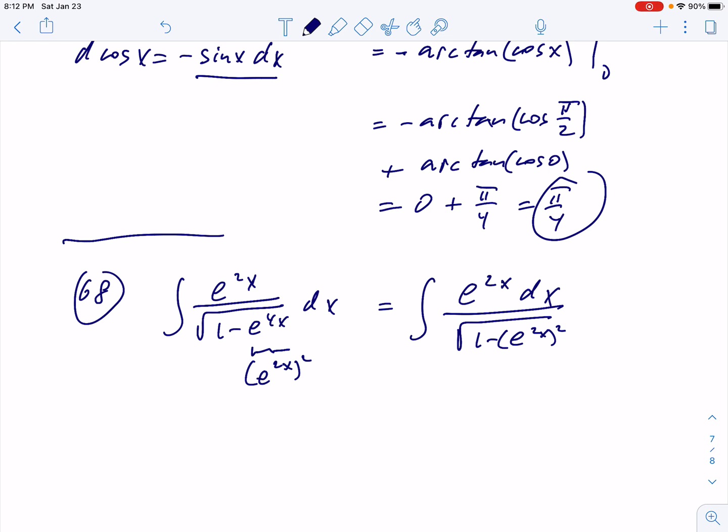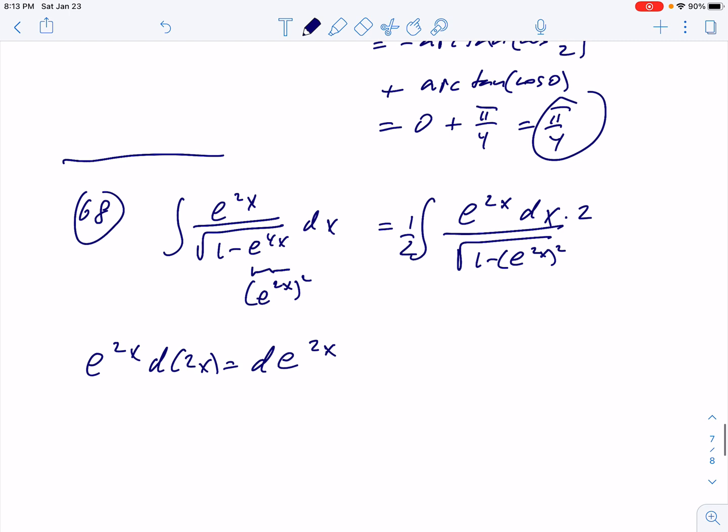Divide and multiply by 2, and put 2 here. So exponential 2x d 2x will be d exponential 2x. Regarding 2x as variable, because we have eu du, that's d eu.